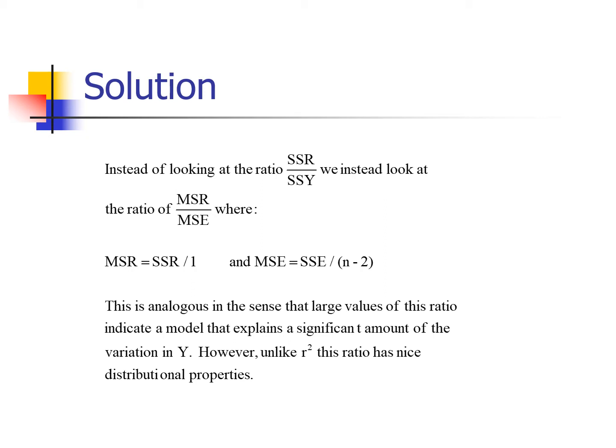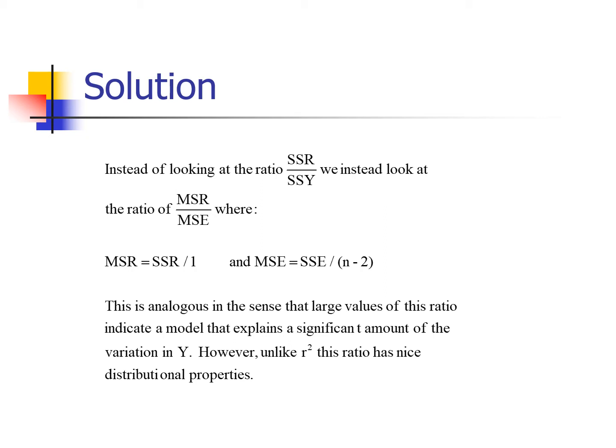If you look at the ratio of explained variability to total variability, the larger it is, the more explained variability there is. Similarly, if you look at the ratio of explained variability to unexplained variability, it still has that same sort of relationship. That is, the larger that ratio is, the more of the total variability is being explained by a regression model.